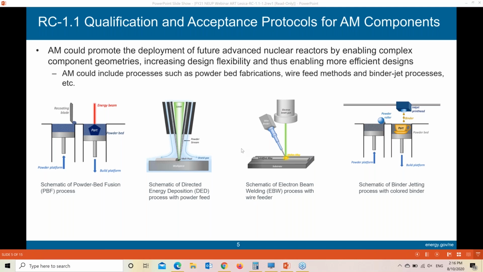The challenge is how do we characterize the material in the initial condition and have confidence that the structural response of these AM components will follow what the designers designed the components for, after 10 years or 20 years or 30 years.